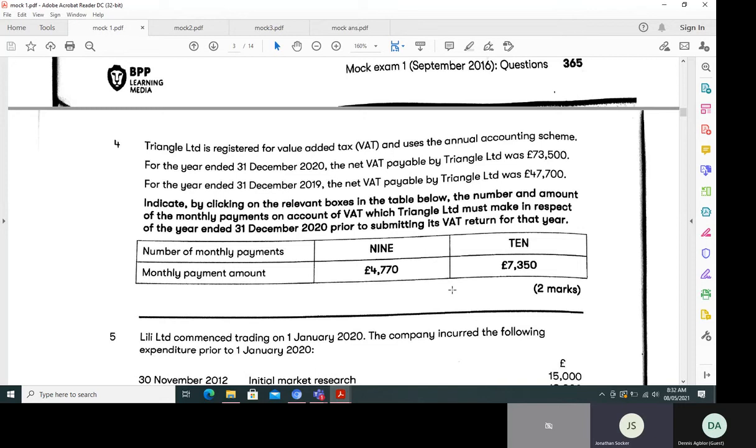At the end of the year, you will know the exact amount to be paid for 2021, minus what you paid in installments. The balance will be paid together with the return when you are filing. So that's how the annual accounting scheme works under VAT.